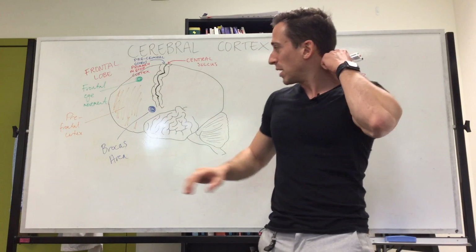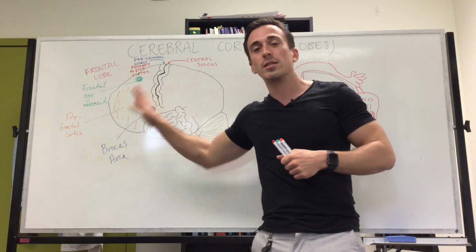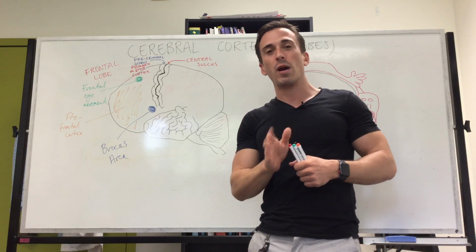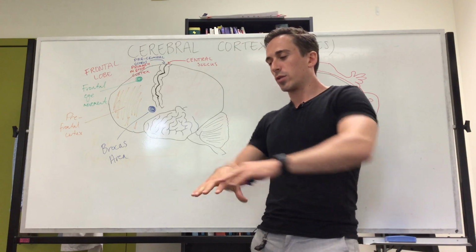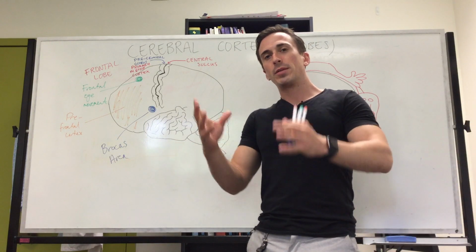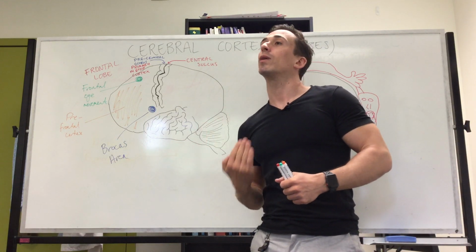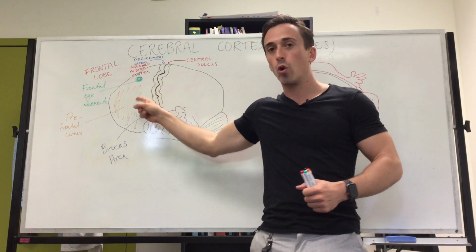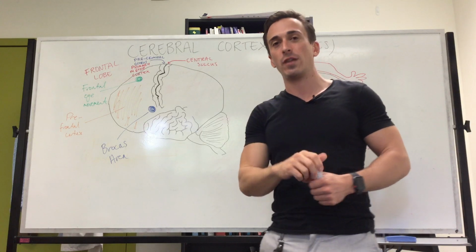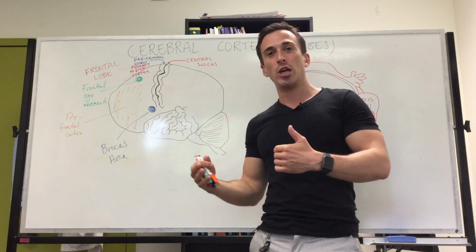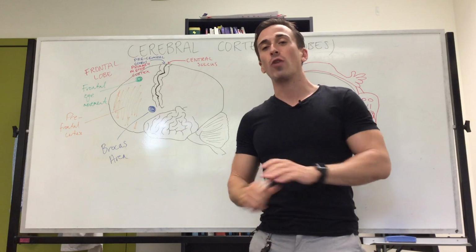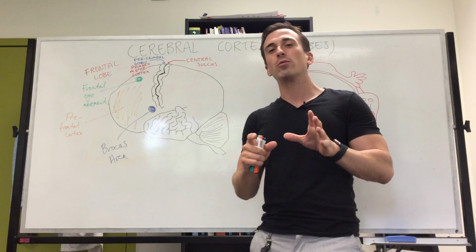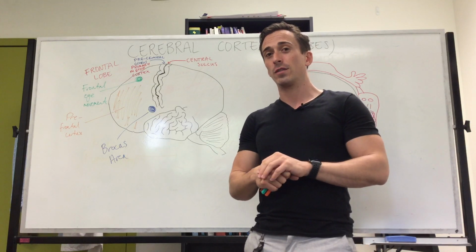This is important because if people have damage to this area, and this has happened, a prime example was back in the 1800s, a railway worker called Phineas Gage was creating a railway track, blew up a particular area, and a railway spike went up into his jaw and out of his eye, but pierced his frontal cortex, and it changed his behaviour. He was known as being a very kind, gentle, socially constrained individual prior to the accident, and after the accident was rude, basically was described as having no filter when you had a conversation with him.